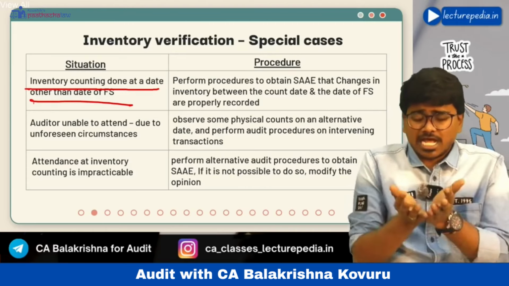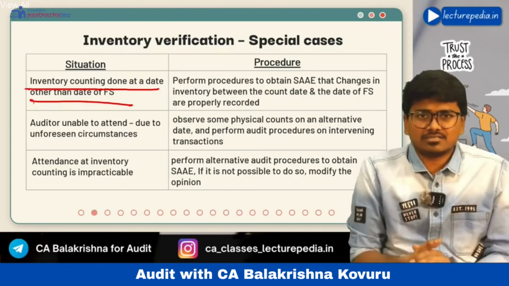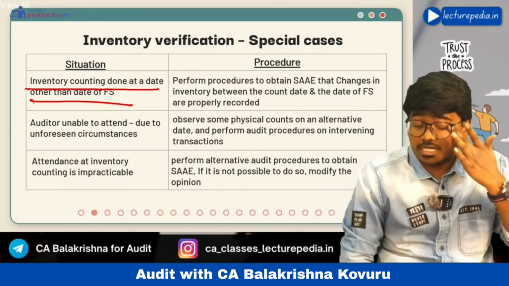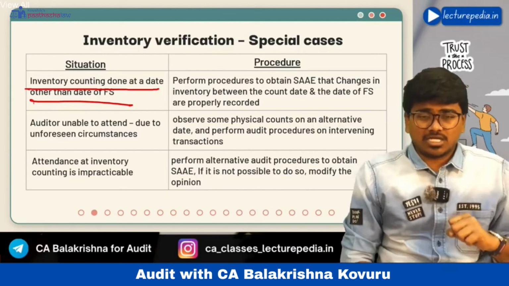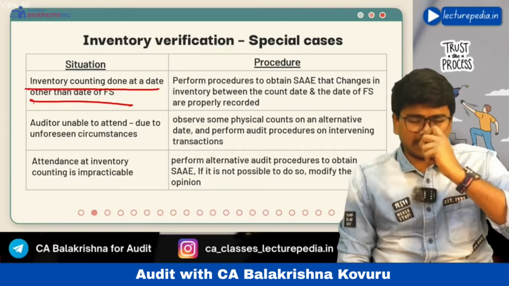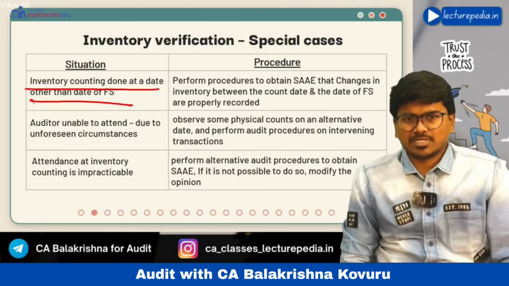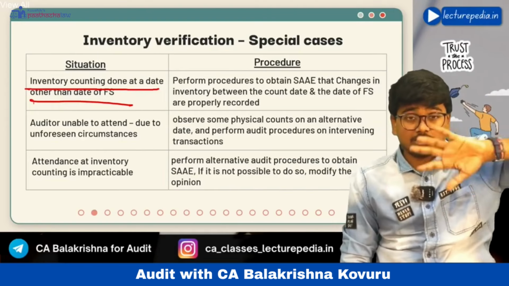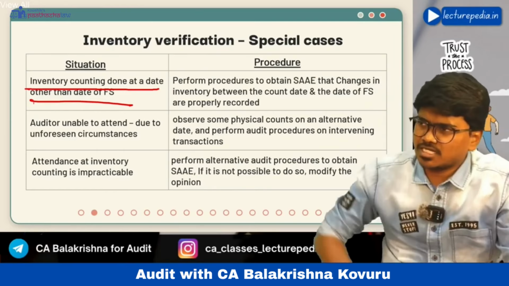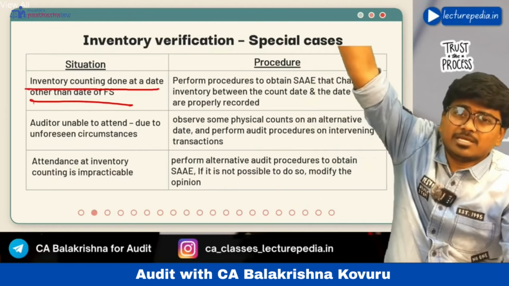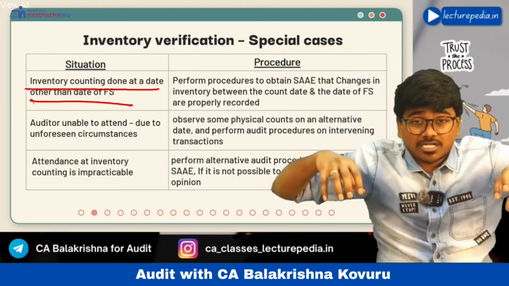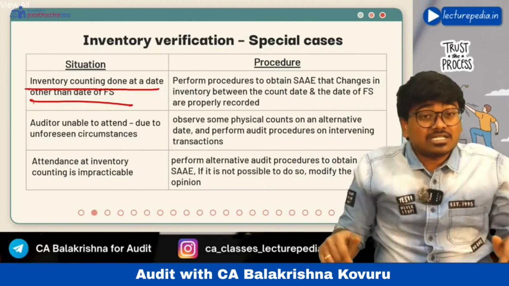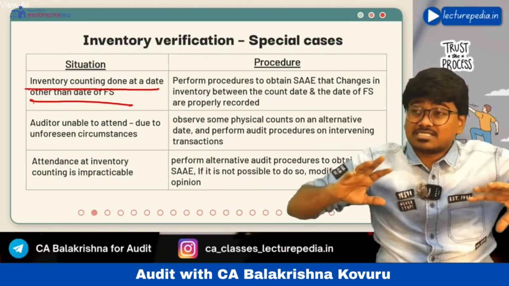So inventory counting has to be done as on the financial statement date, but entities will do it on 29th March, 30th March or 31st March; on any one of these days they will do it. Now, if the inventory counting is not done on the date of financial statements, let's say for some reason management has done the inventory counting on 20th March 2025, that is, before the date of financial statements, or after the date of financial statements, like 15th April 2025, then physical inventory counting is done, but not on the date of financial statements. It is done on some other date.